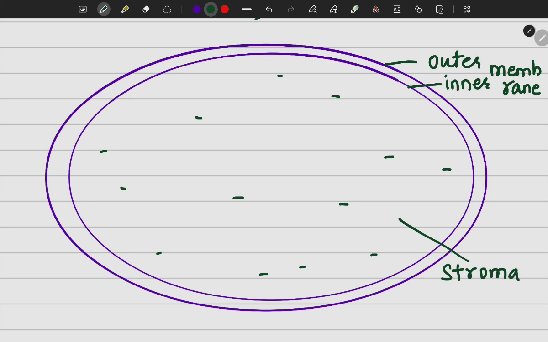Now inside the stroma we will find coin-like structures stacked upon each other, like this.